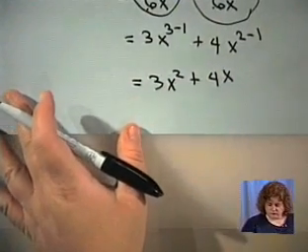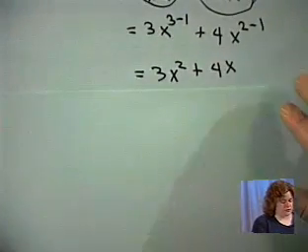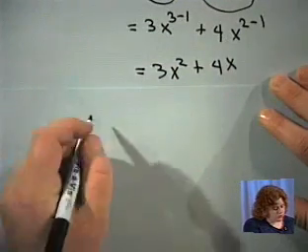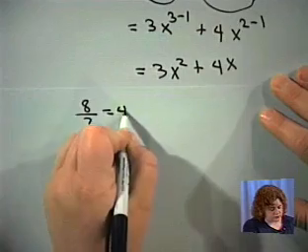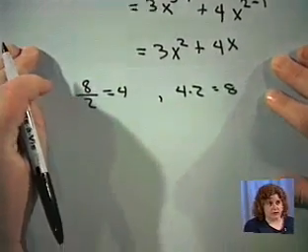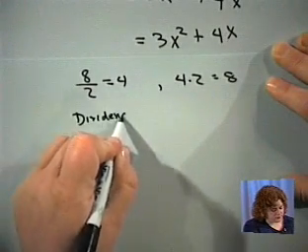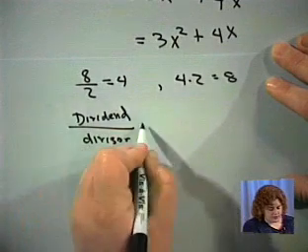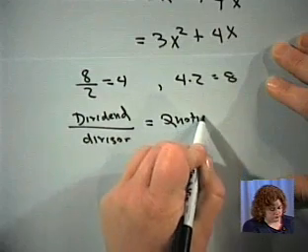Now, it would be nice to be able to check this, and that's where that third idea about the meaning of division comes into play. What we have when we say 8 divided by 2 equals 4 means that 4 times 2 equals 8. We could write this in words. We have the dividend divided by the divisor, and that gives us a quotient.